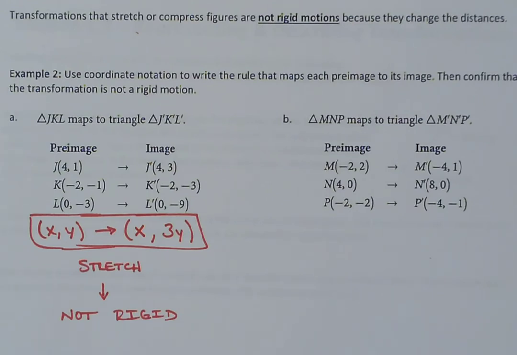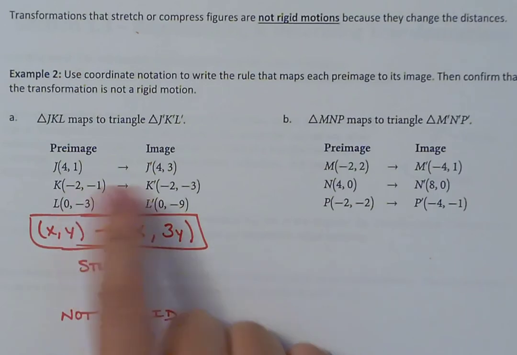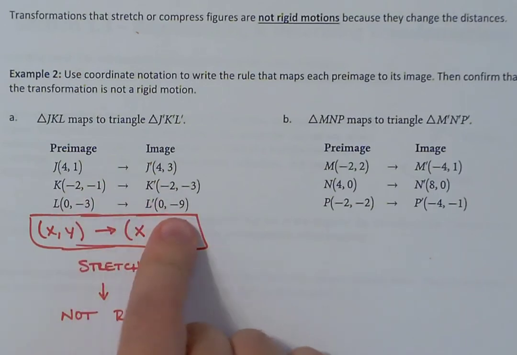How you transform the points from its preimage to its image, and then what it looks like on the graph, and then if it's rigid or not. You don't really necessarily have to worry about writing the rule on a quiz, so don't fear too much on that. Just feel comfortable about how to identify the rule though, because it is helpful in the future, just by looking at the pattern and what's changed from the preimage to the image.